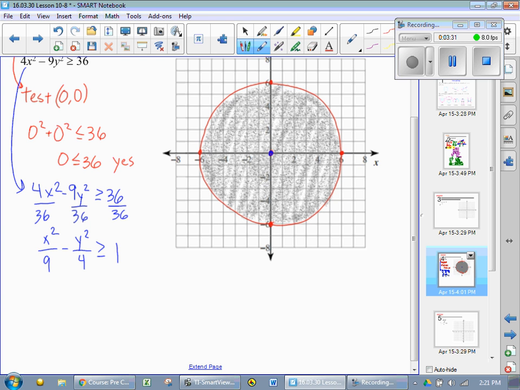In the x direction, the square root of 9 is 3, so I go 3 units to the right, 3 units to the left. In the y direction, the square root of 4 is 2, so I go 2 units above the center and 2 units below the center. And I use those 4 points to make my rectangle. Then I draw my asymptotes by connecting the corners of that rectangle and then extend them further.